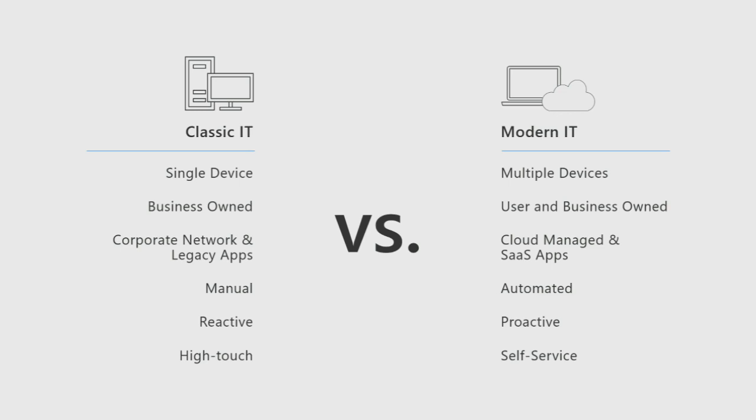Now, as you've probably seen in some of the discussions so far, even at Ignite, we want to provide more of a bridge to get you from one to the other. So it's not about changing overnight from a classic way of doing things to a modern way of doing things. Instead, we want to look at this as more of a combination, that we can use these things together to provide the necessary capabilities regardless of the scenario.